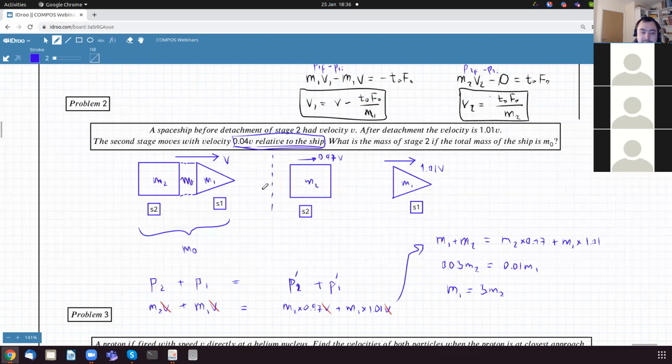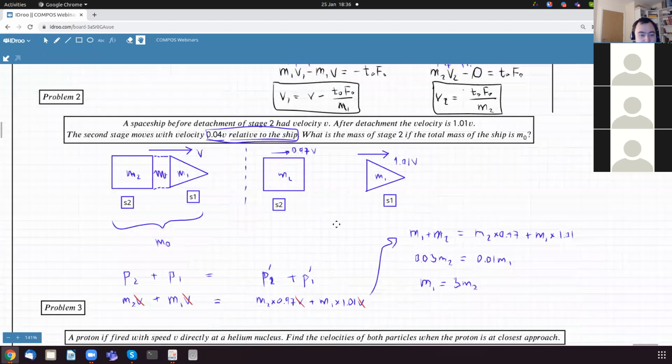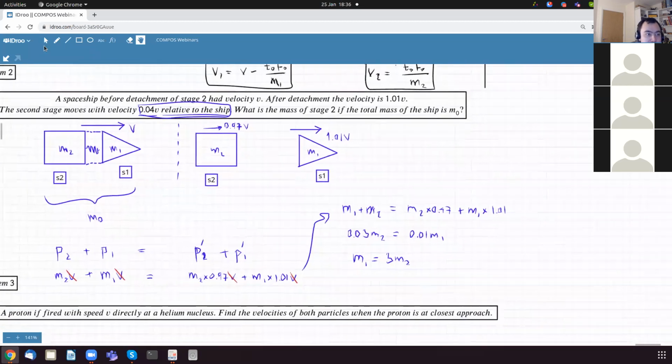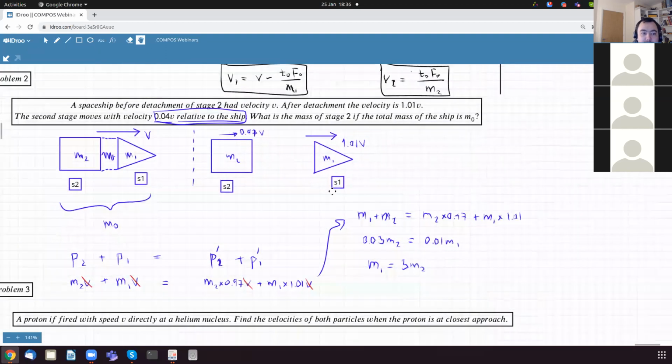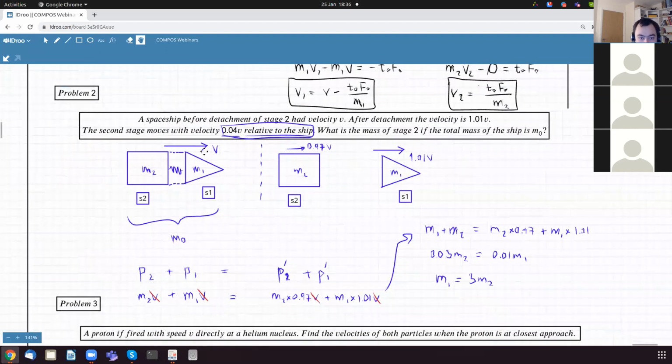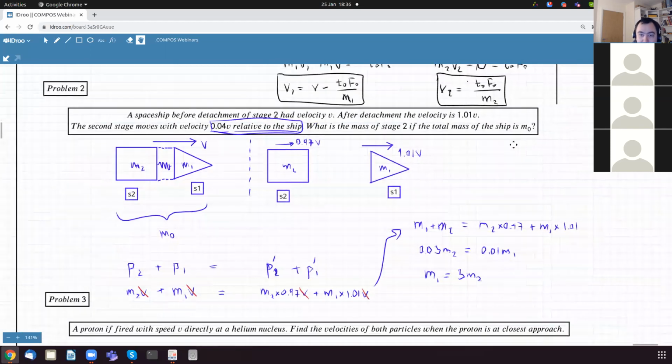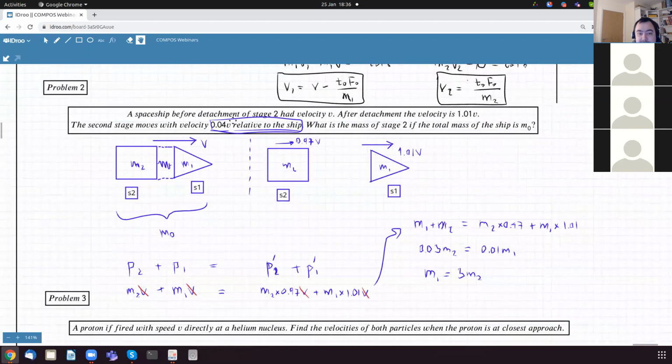And now we just need to do some magic with maths to work it out in terms of m0. So just a reminder for you, in problems where you're not given any values, you need to assume that this is known. But any other values are not known. Well, V is known and M0 is known. But M1 and M2, you can't assume that you know them.